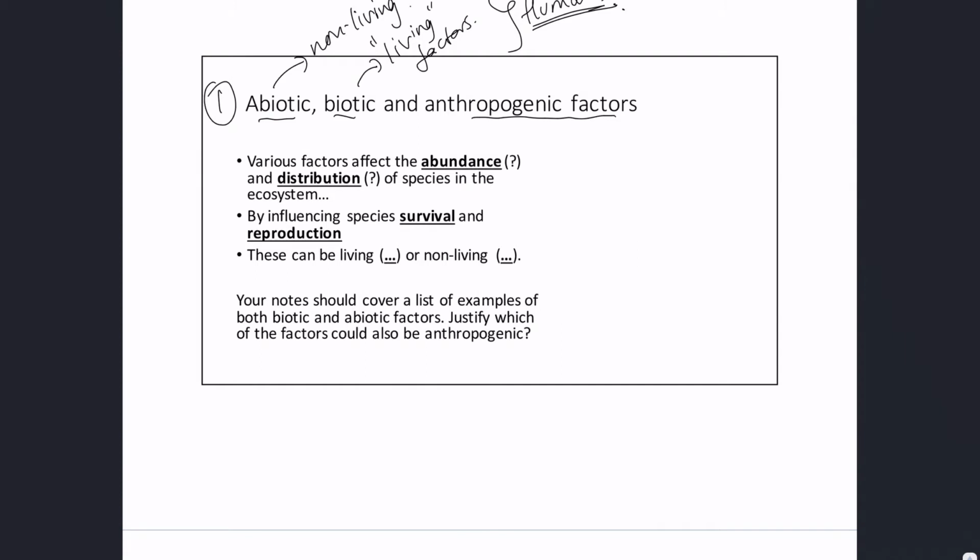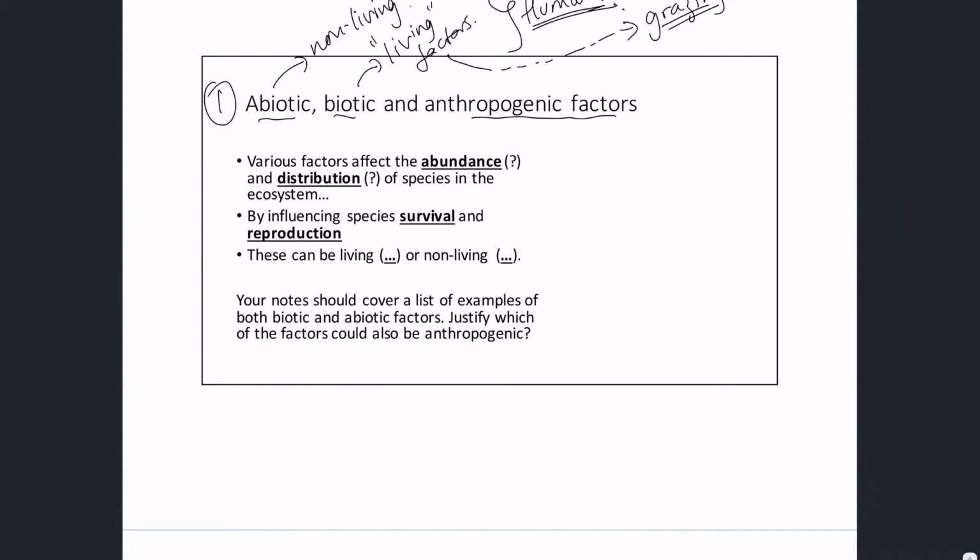Okay, so for example, we could have grazing. Now grazing is a living factor because it's basically when you have some herbivores who are consuming the producer, and that affects the growth of the producer. So that's a living factor affecting the abundance and distribution of grass, for example.